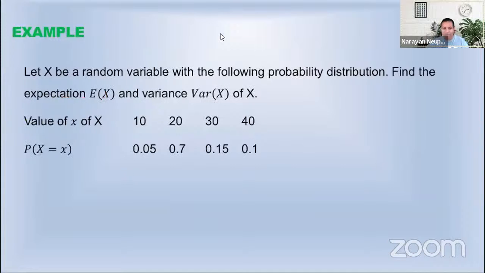Here is our example. Let x be a random variable with the following probability distribution. Find the expectation E(X) and the variance of X. So two things are asked here. The first one is expectation.